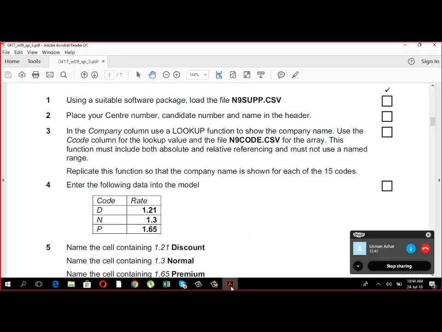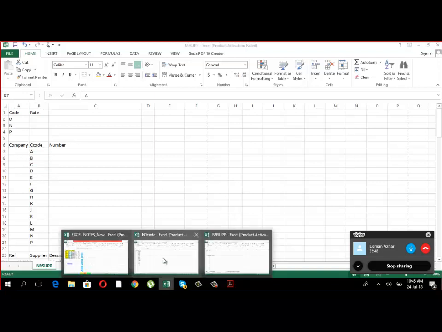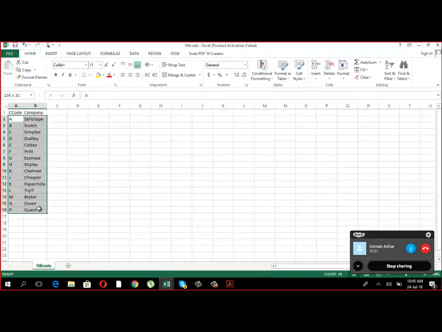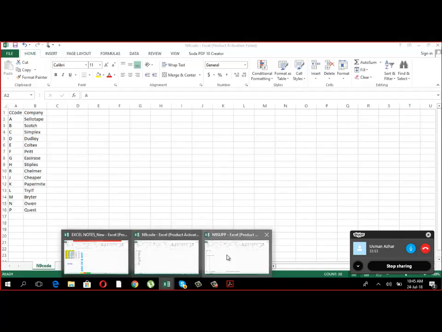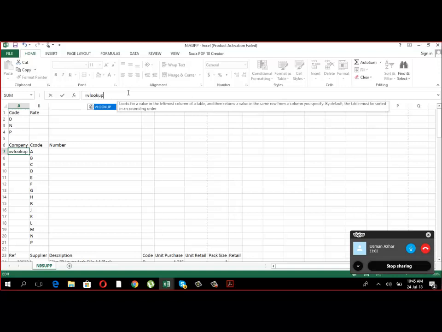Now, what he wants is that I know that this is my lookup value and he's given me these. So over here we'll use VLOOKUP, equals VLOOKUP, and my lookup value is this. Agree with me?